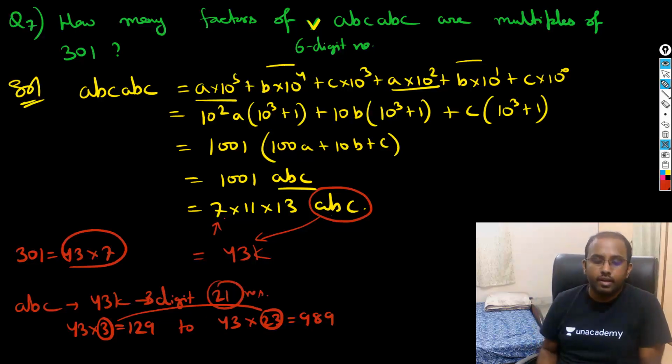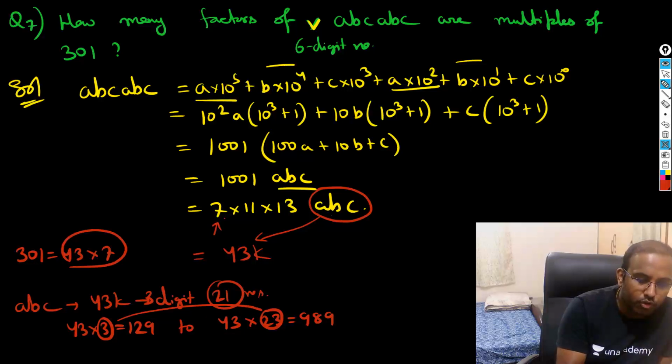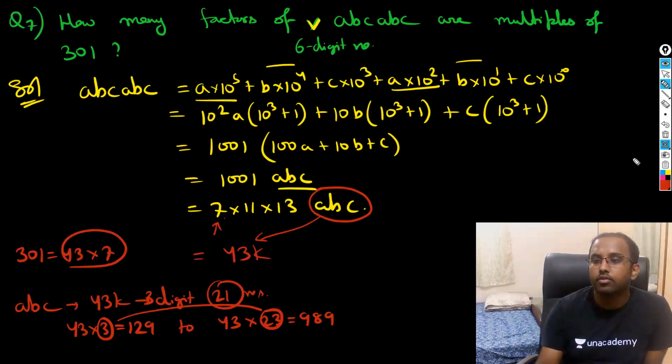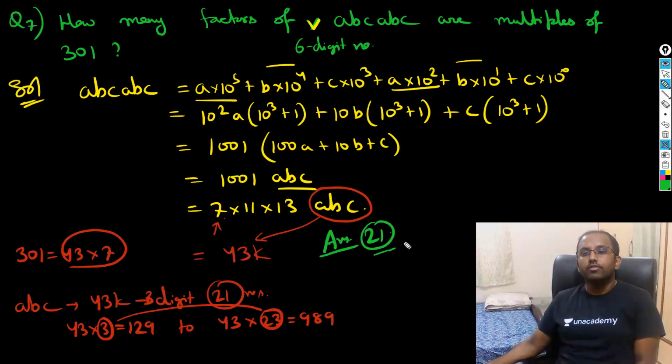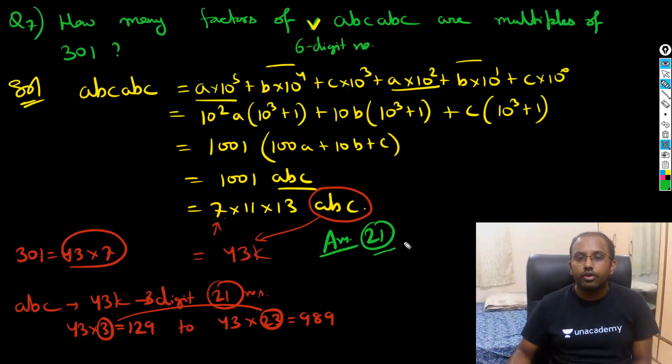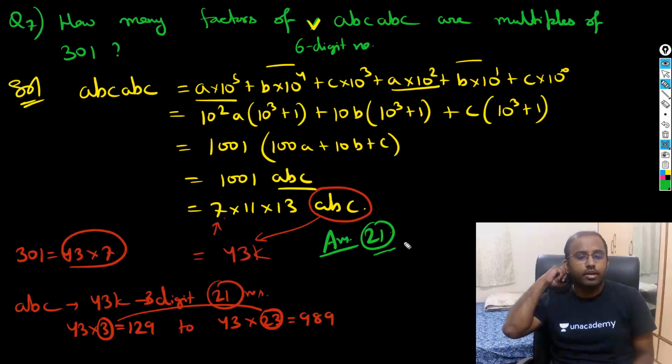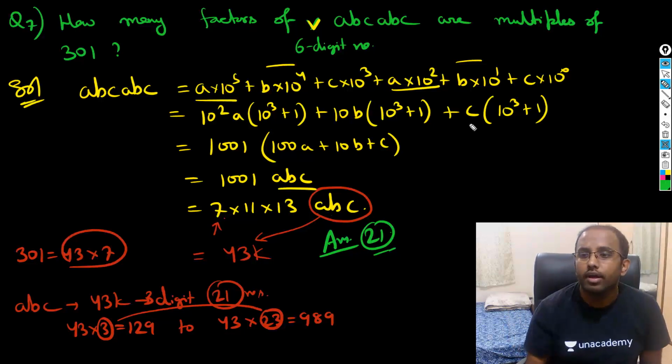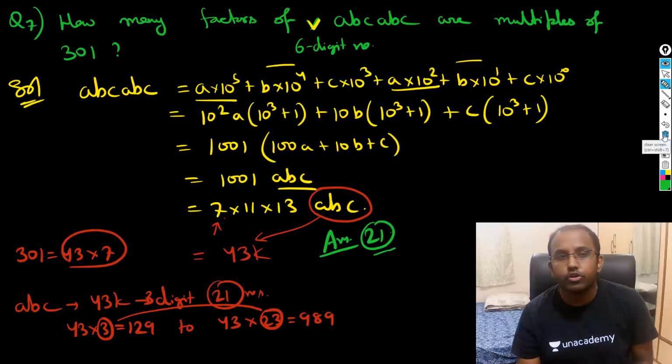So ABC can take 21 multiples of 43. That means the answer for this question is 21. Again, a very nice question, checking all your factors funda and common sense also. Very good, a perfect CAT level question this is. Now let's move to the next question, guys.